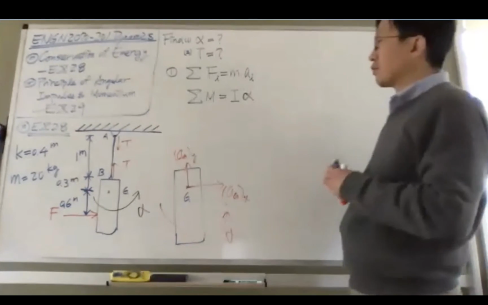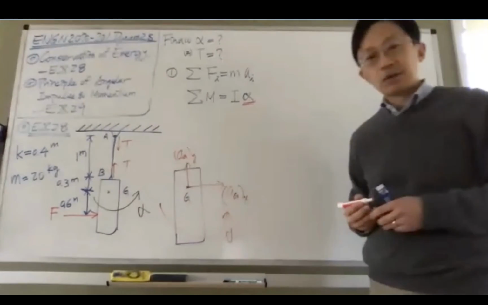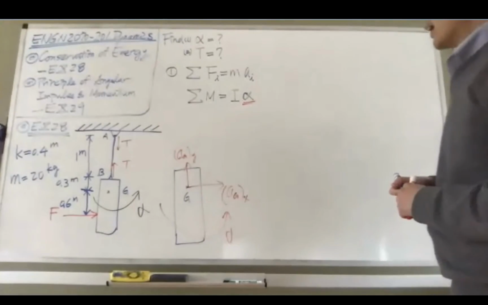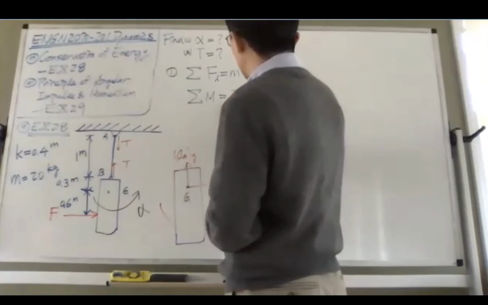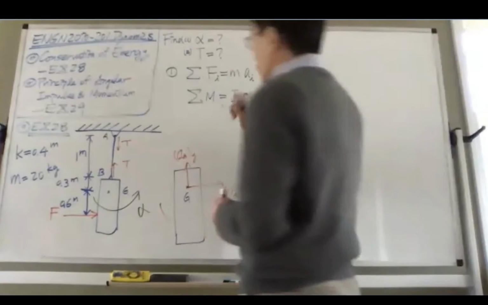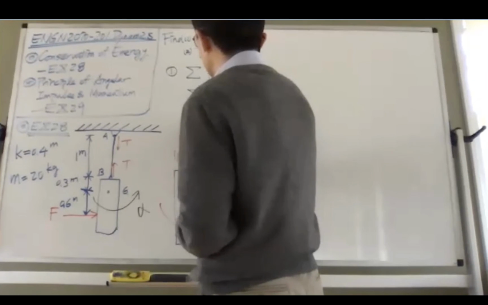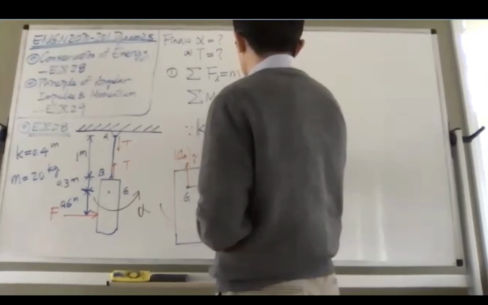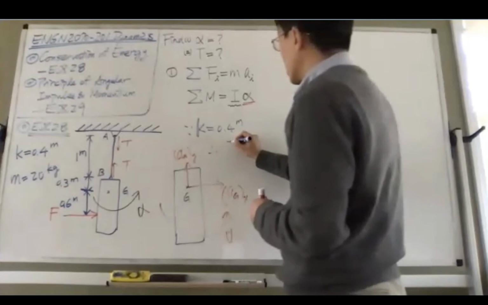This is where we figure out the angular acceleration in this motion. Okay. So from here, let's figure out the value of the mass moment of inertia. In this case, we are provided with the mass and the radius of gyration, k equals 0.4 meters. That means the mass moment of inertia is what?